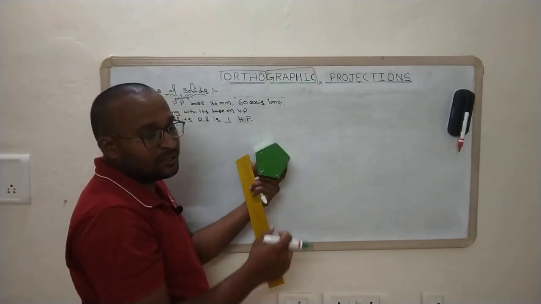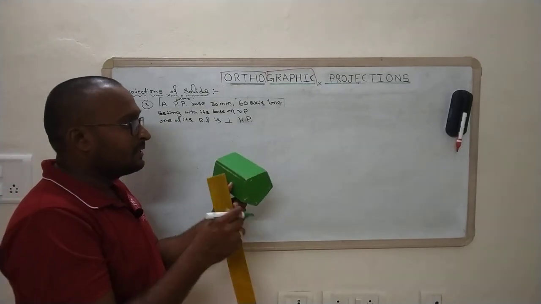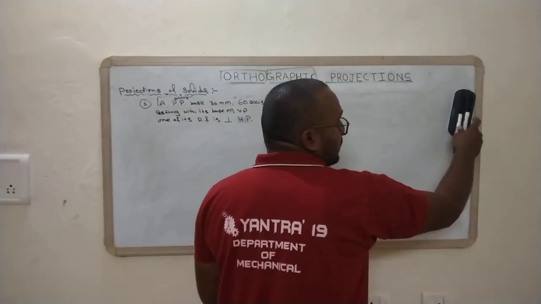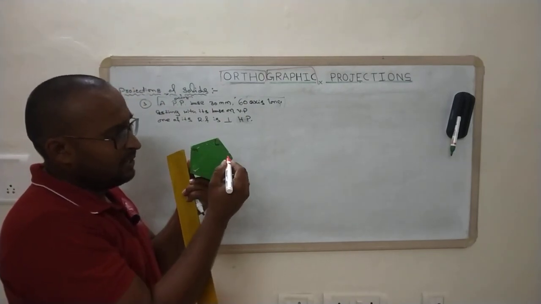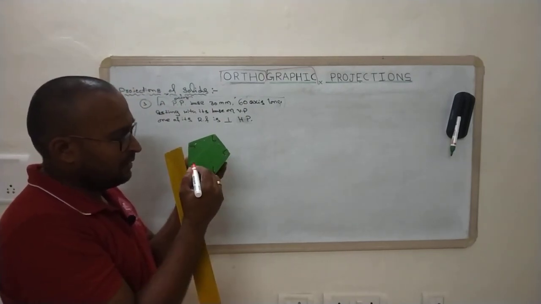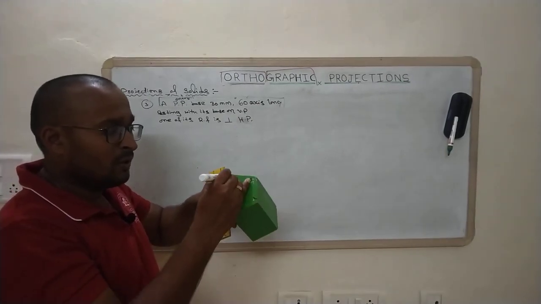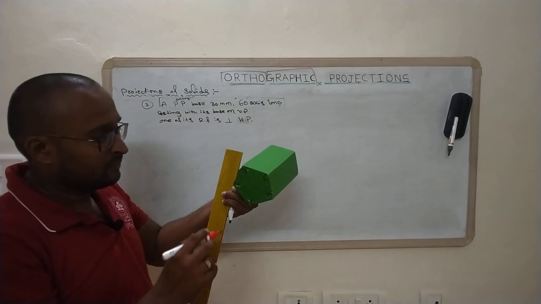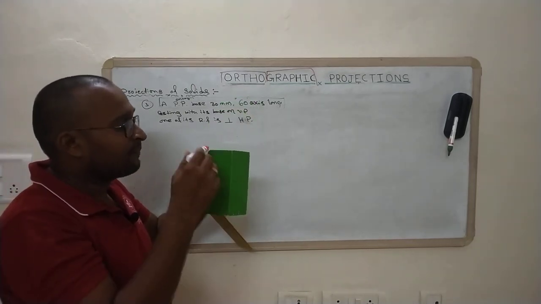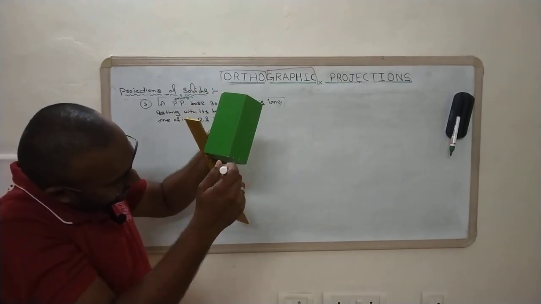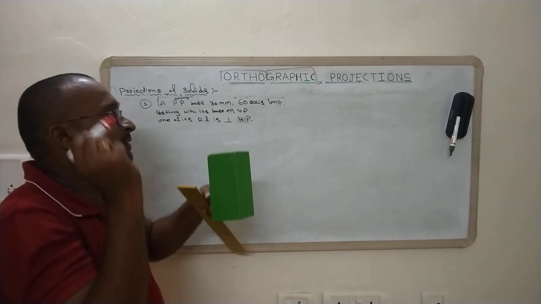We need to project that downwards. Here we will have different notations such as A, B, C, D, E, and then 1, 2, 3, 4, 5, like 1A, B2, C3, D4, E5.